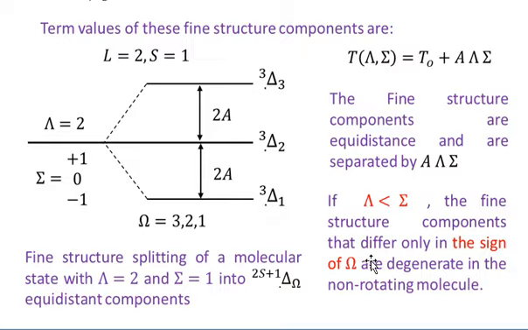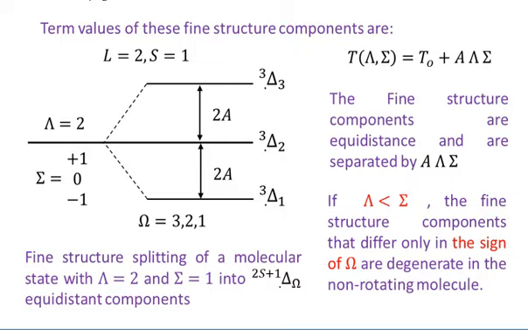The fine structure components that differ only in the sign of omega, that is, the quantities with the plus omega sign and minus omega sign, will then be possible under the condition that capital lambda is less than capital sigma. Then such levels will be degenerate levels. That is, the levels with positive values and with negative values will be degenerate in the non-rotating molecule.